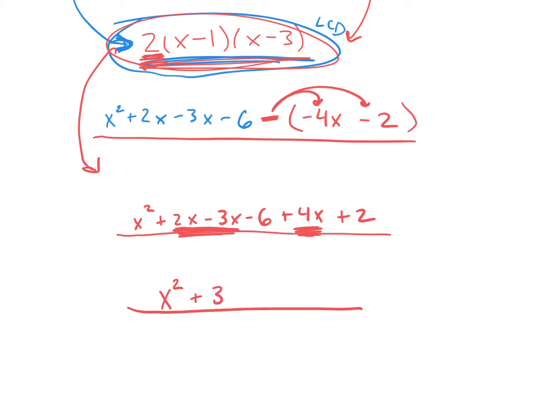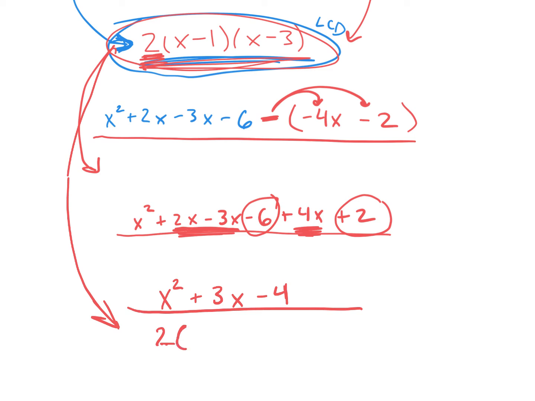So plus 3x. And then I have a minus 6 plus 2, which would be negative 4. So that is my numerator. My denominator, again, just stays the same from what I had in the beginning. So this is 2 times x minus 1 times x minus 3. And that's our answer.